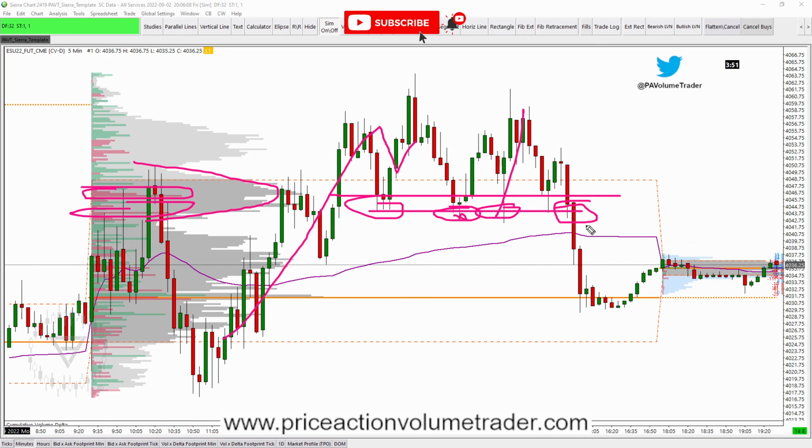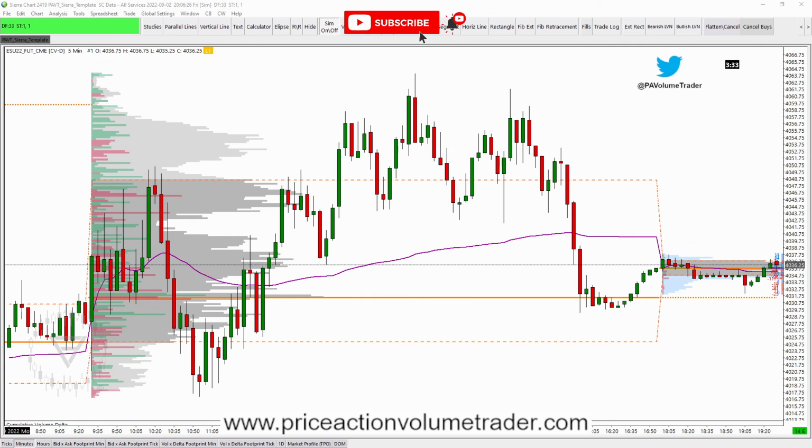But then eventually right here, late in the day, we get back to this level, and the big traders that were holding and absorbing all this selling are no longer there, and the market just breaks through that level.